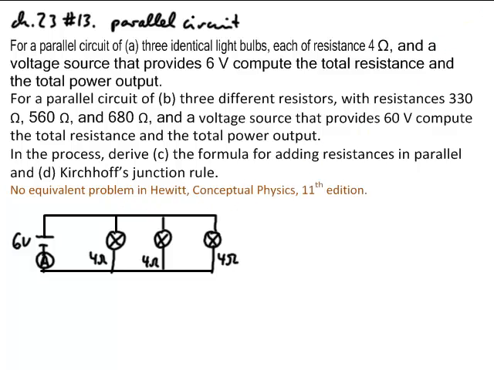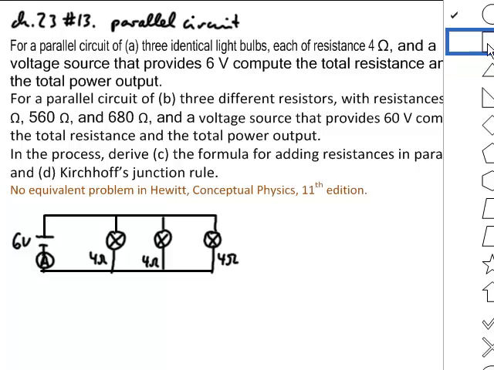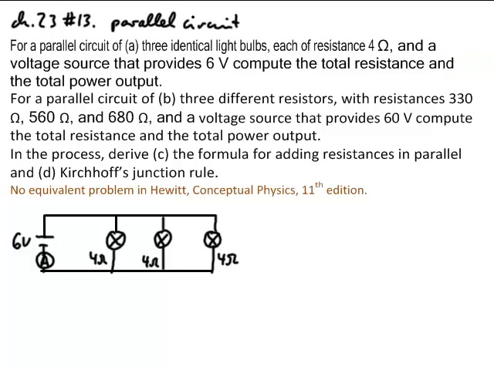So imagine that we actually would not have these 2 here, but just 1 light bulb. That means across this light bulb we have 6 volts.